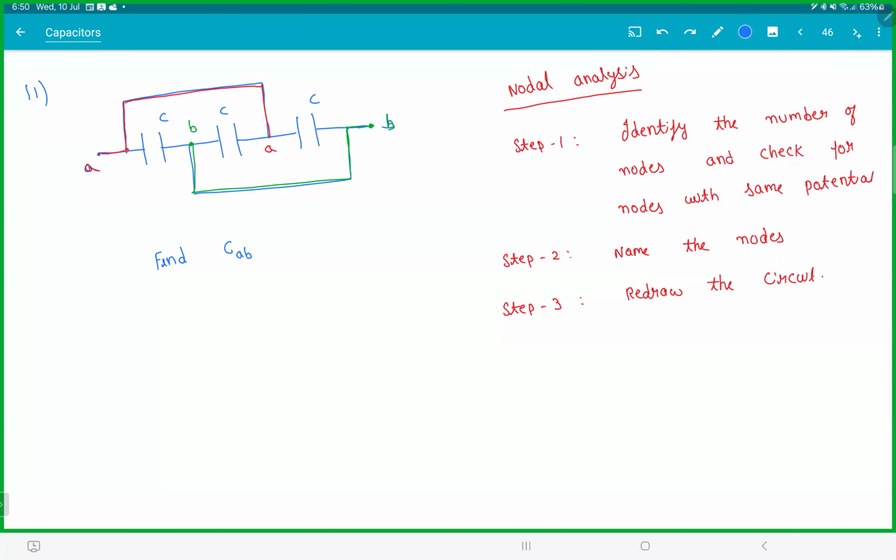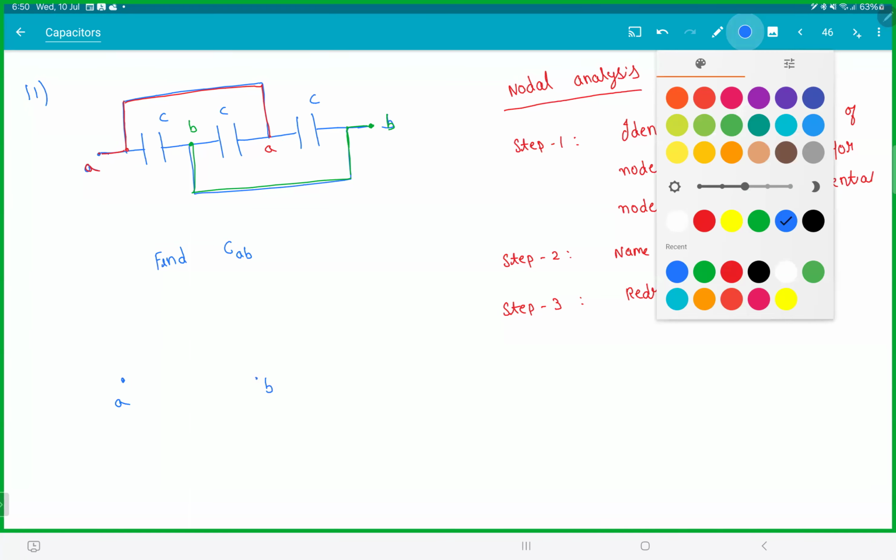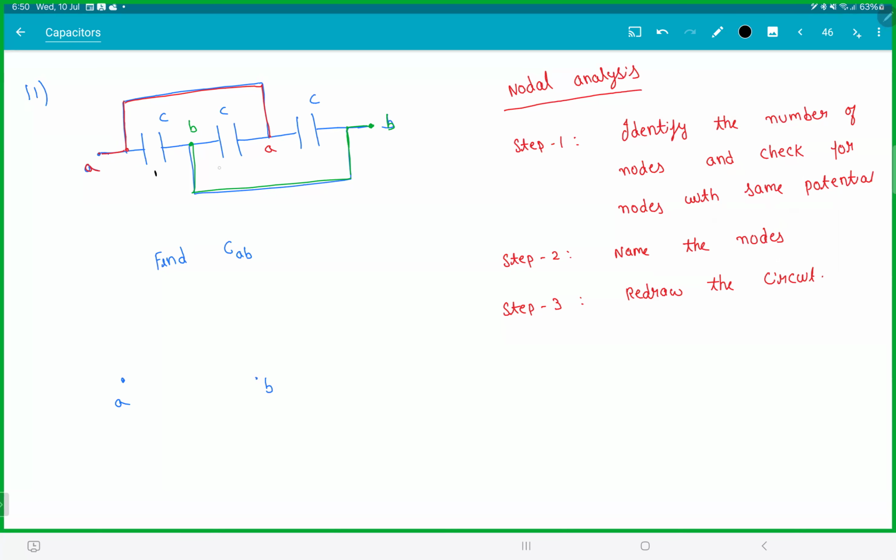Is this clear, everyone? Then rename, and put the circuit again. So there are only 2 points, A and B. Let's call this capacitor 1, capacitor 2, capacitor 3. Now capacitor 1 is between what? A and B. Capacitor 2 is also between A and B. Capacitor 3 is also between A and B. There, if you read out the circuit, you can clearly see all are in parallel, which is 3C.